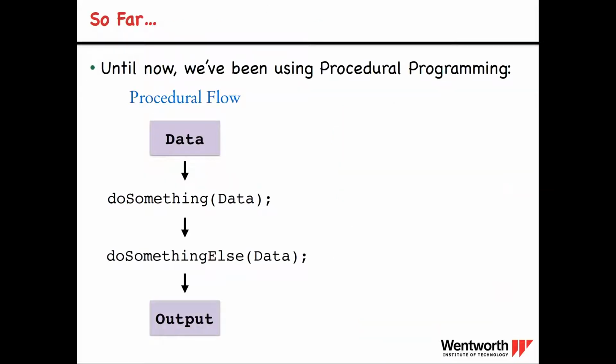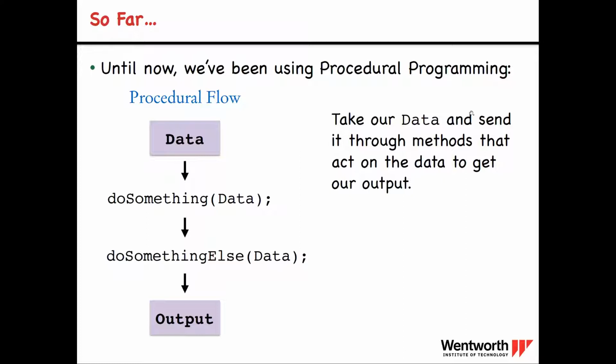So until now, we've really been using what's more commonly known as procedural programming. So the flow of our programs typically is: take in some data, do something with the data, maybe do something else with the data, and then get some output. This idea is very common in a lot of beginning programming, and even the programming that I did with, say, scientific applications.